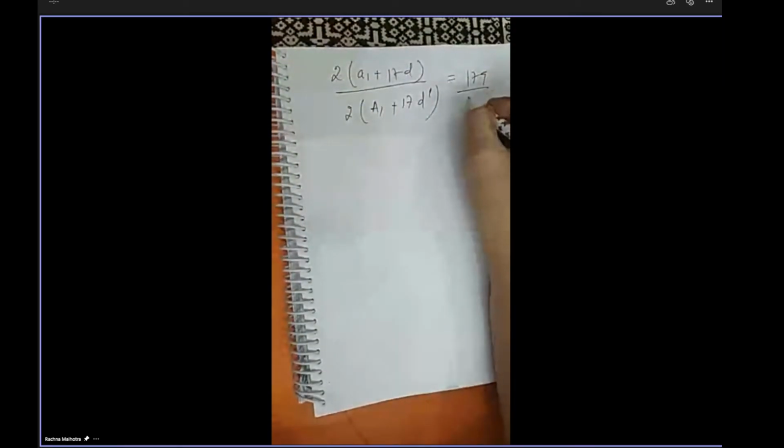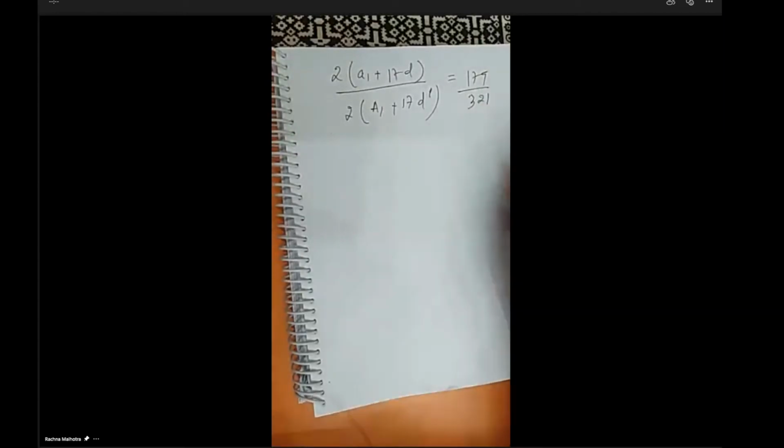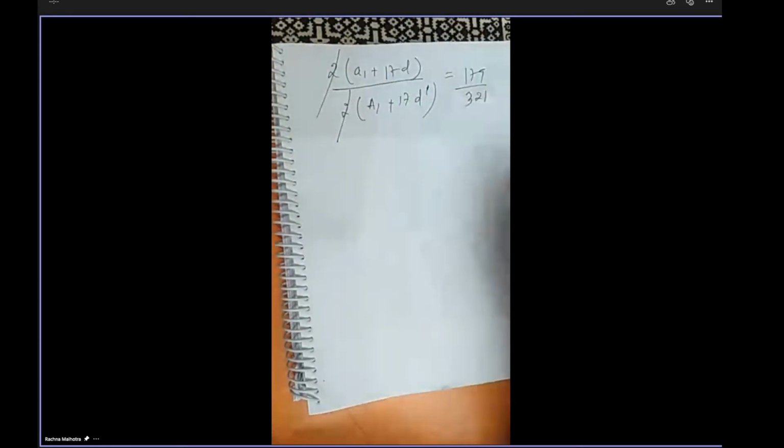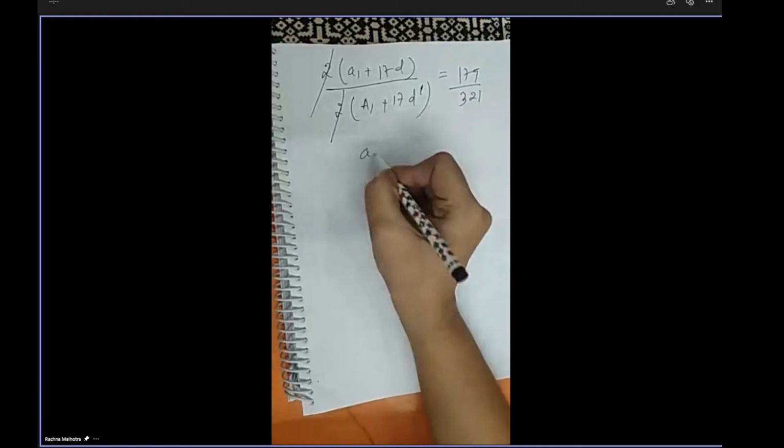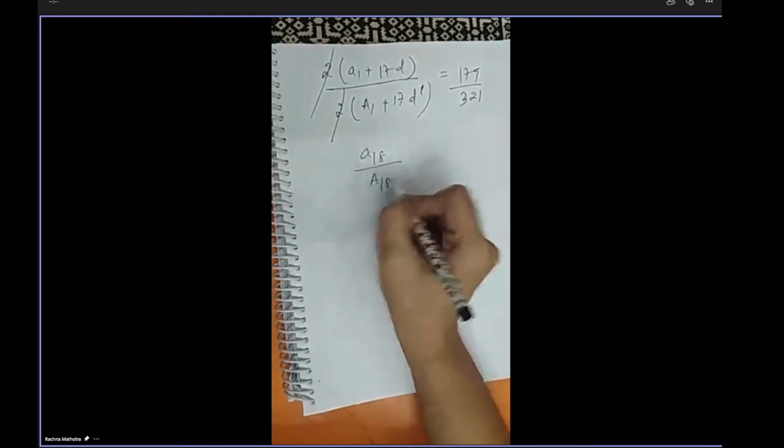Oh no, only the n is multiplying with this. So 35 fives are 175 plus 4, 179 by 321. So you can cancel this out, and this is the 18th term of the first AP and the 18th term of the second AP.